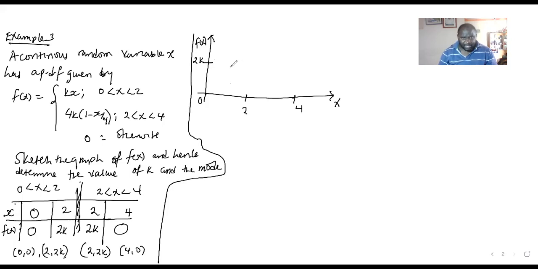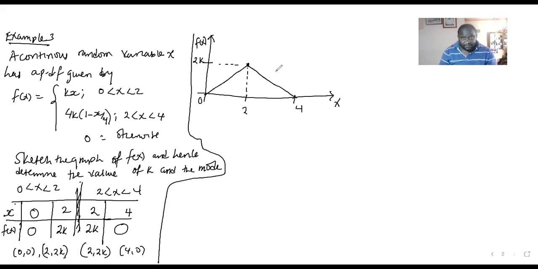When does that occur? It occurs when x is actually 2. But between 0 and 2, the curve is a straight line. So I draw my straight line up to 2k.